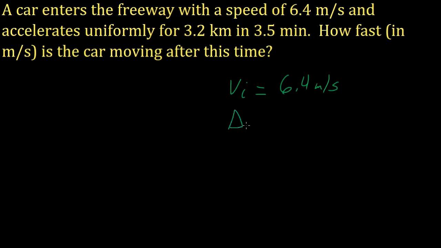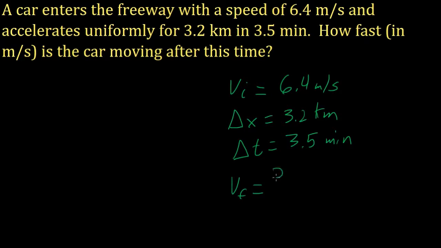That sounds like a displacement. 3.2 kilometers. In 3.5 minutes. That sounds like a time. That's pretty straightforward. How fast in meters per second is the car moving after this time? Well, after a time, that would be a final velocity that we're looking for, and we don't know it. Okay?